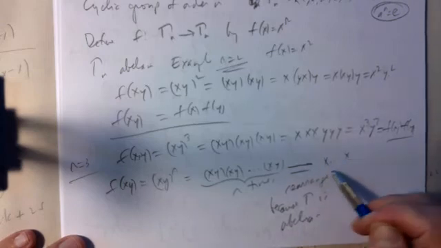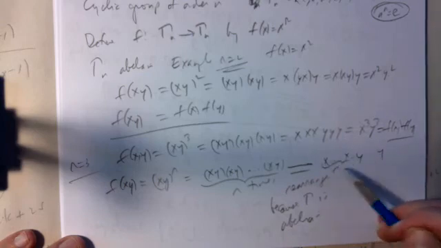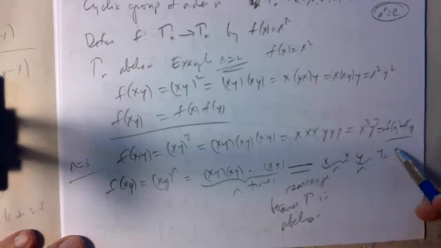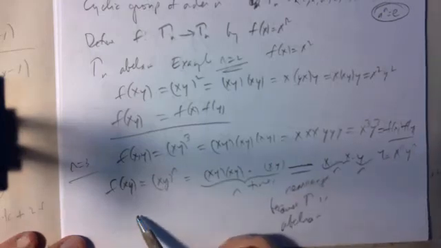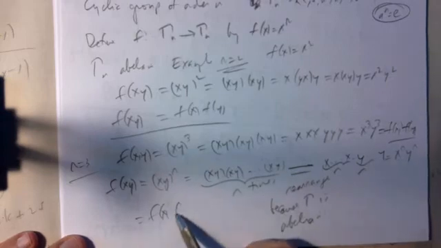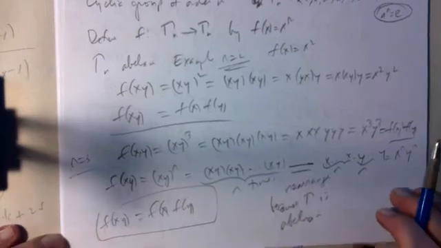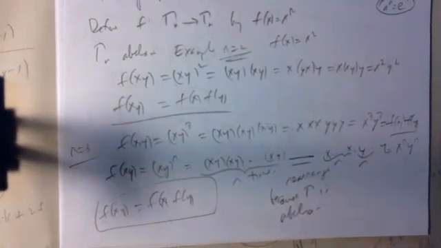You have r x's followed by r y's, x to the r, y to the r. So this is f of x times f of y. And that's the proof. Any questions about this?